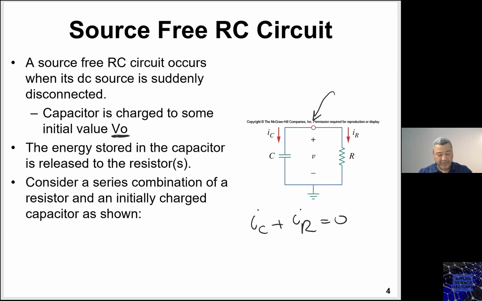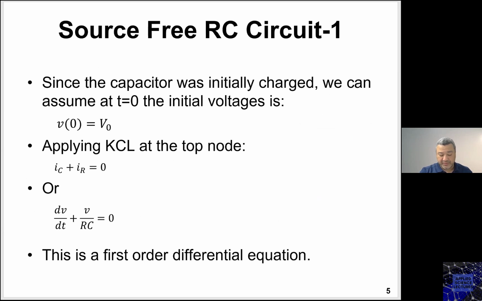Now, if I look at this KCL equation that I got here, remember that the current for the capacitor is C dV over dt, following the passive convention.